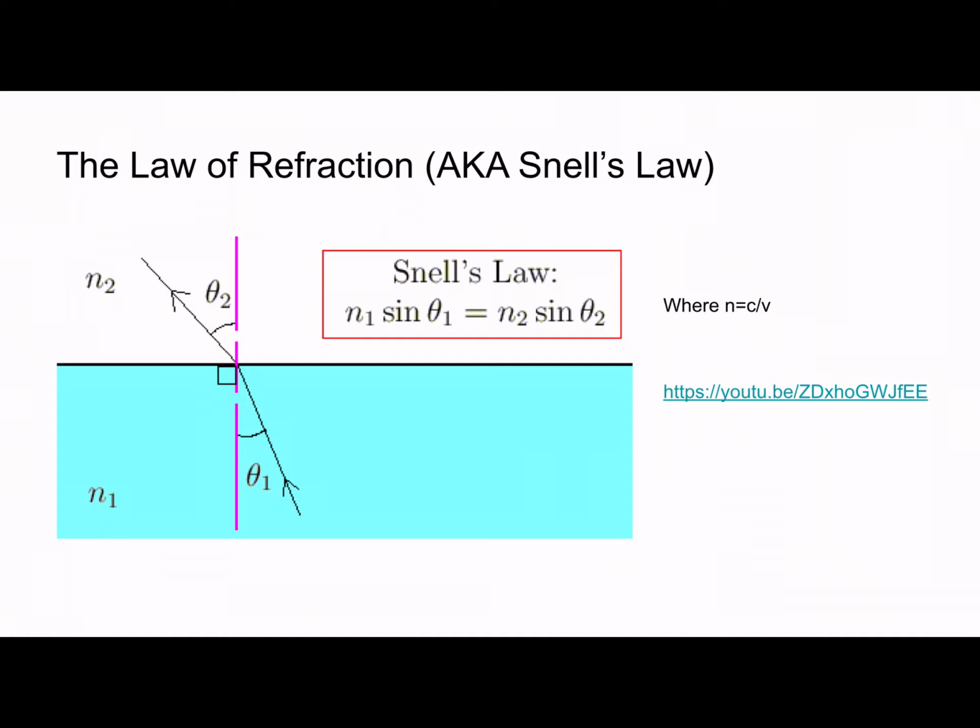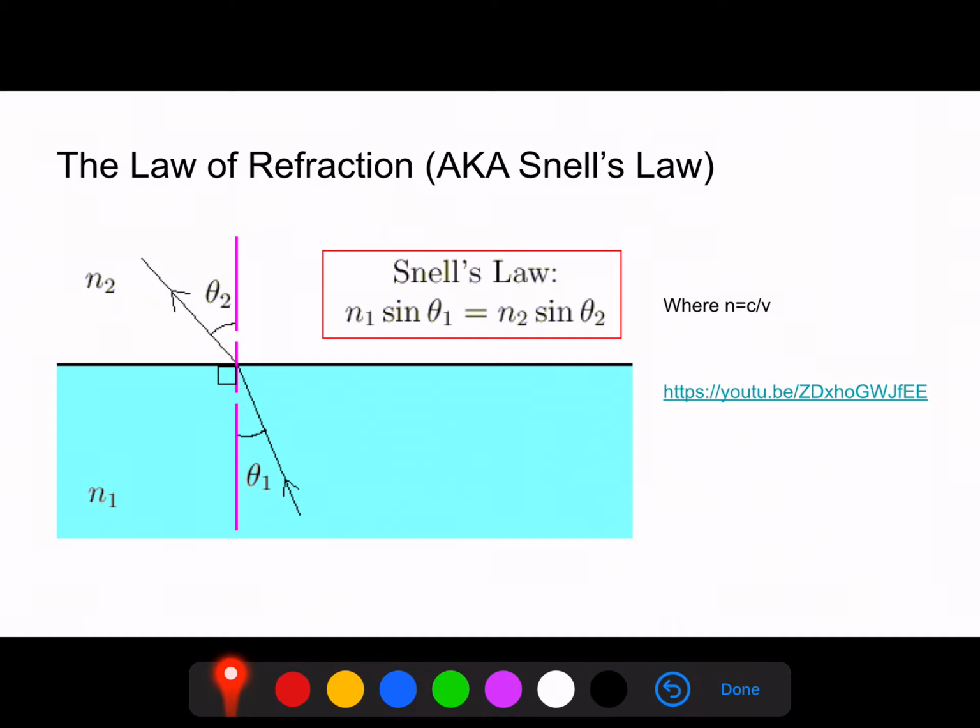And then the relationship that applies here, Snell's law, or the law of refraction, tells us that the index of refraction n1 times the sine of this angle theta 1 will equal the index of refraction n2 times the sine of this angle theta 2. These angles are measured with respect to the normal of the interface between one substance and the other substance.